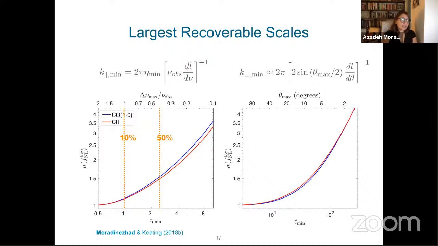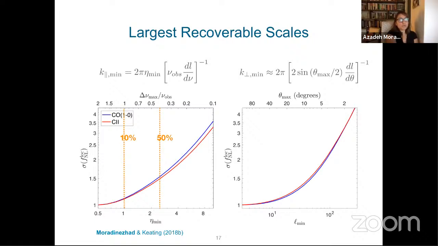As you can see on the left plot, this eta min can also be seen in terms of the frequency range over which the response is constant or smooth, basically this delta nu max over nu observed. So as you can see, if you go from having basically two units of frequency over which the signal is smooth to one unit, then the constraint on FNL can degrade by 10%.